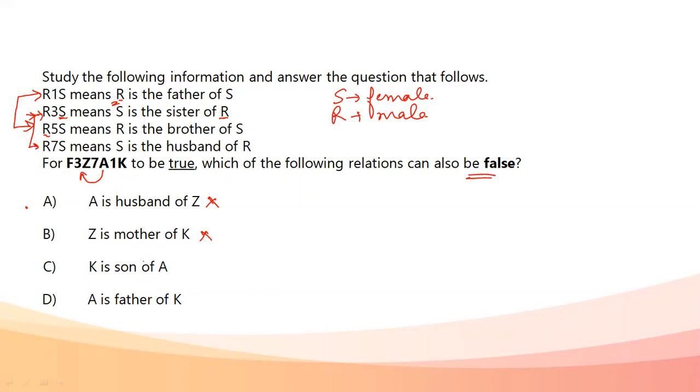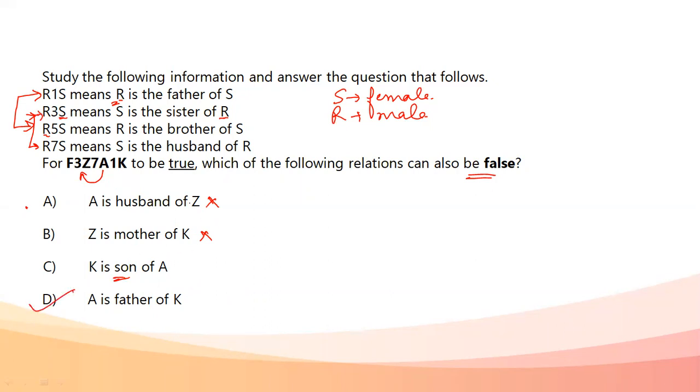Now, K is the son of A. If A1K means A is the father of K, obviously K has to be either son or daughter. A1K means A is the father of K. This is true.